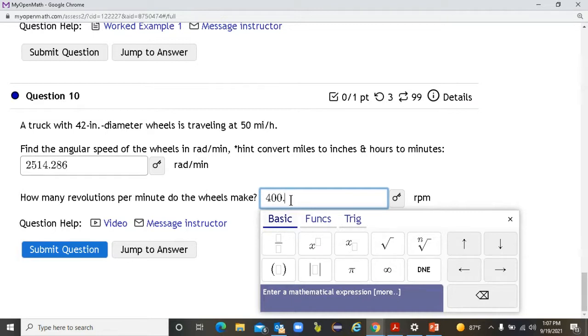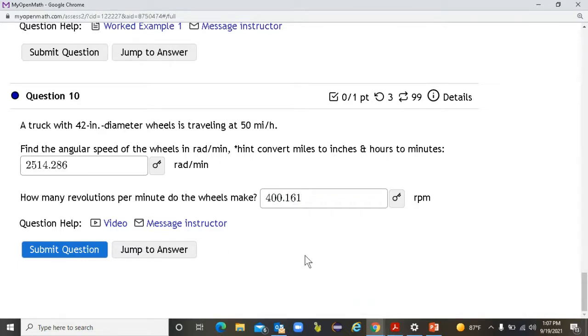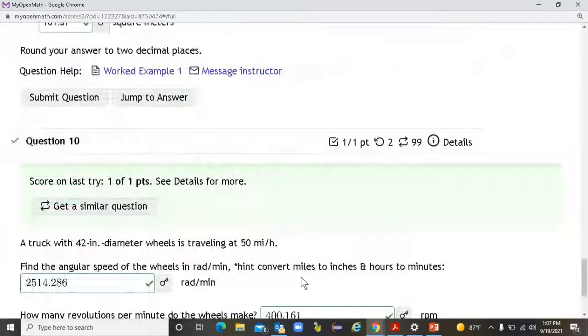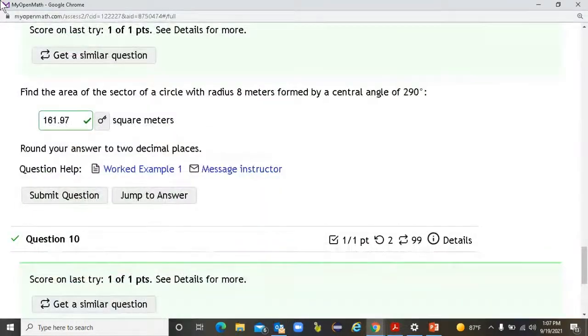So that's about 400.161. Oh, that's good. Yay, we did it. All right, and that is the end of 3.1 homework.